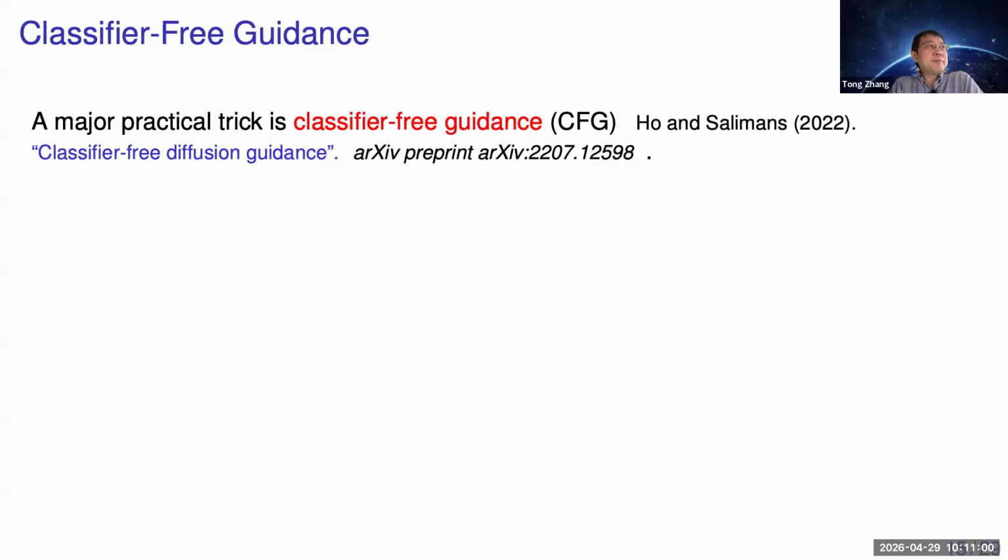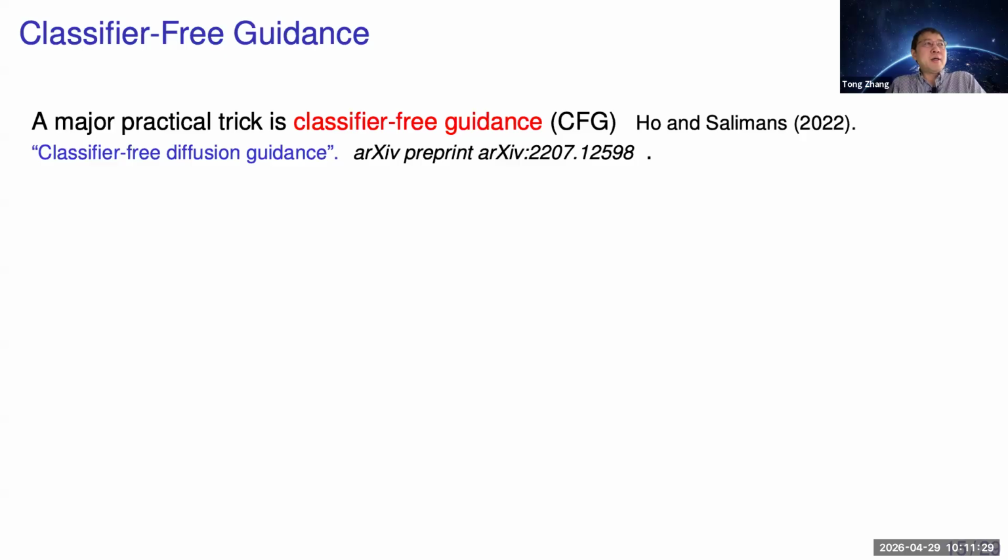Okay, so let's talk about one thing which is pretty important to increase the quality and is widely used in practice. This is a paper by Google. This is one trick, which I think is one of the most important tricks when people use diffusion models to generate high quality images, so-called classifier-free guidance.